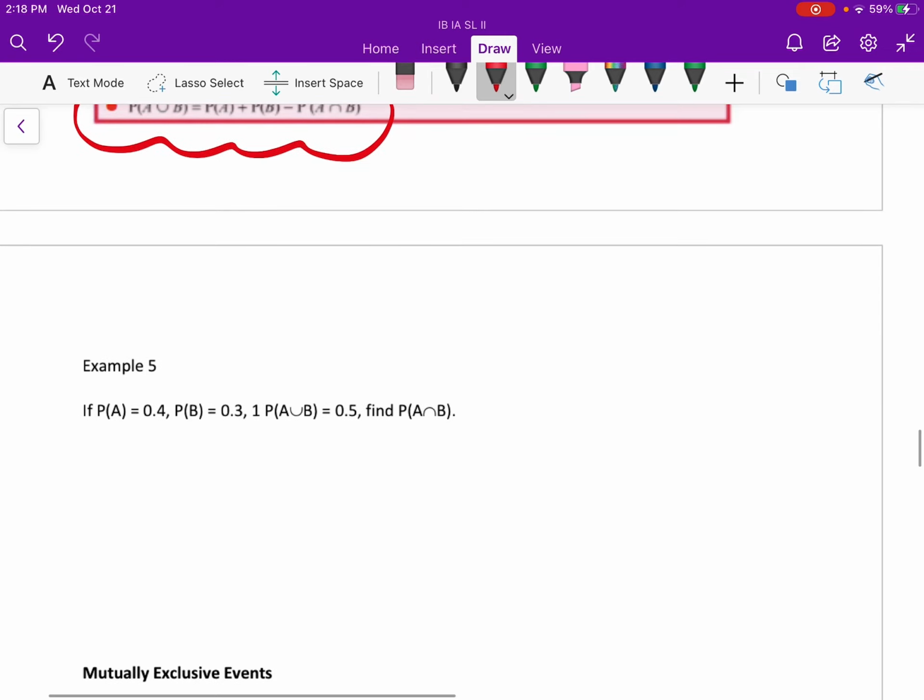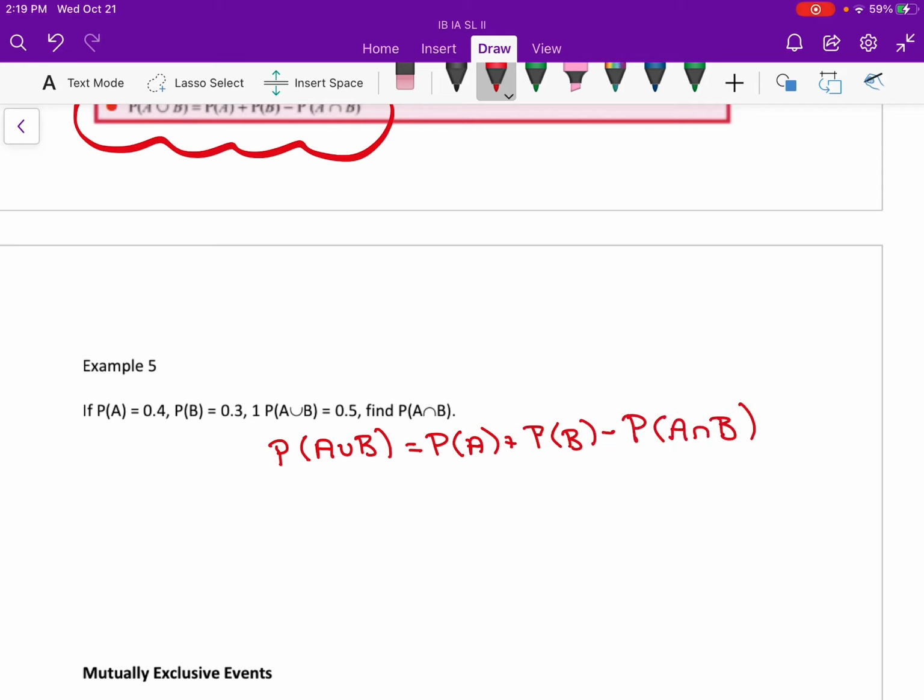Okay, so for example, if you had the probability of A being 0.4, the probability of B being 0.3, and the union being 0.5, find the intersection. So all you do is you take that whole notion of A union B equals the probability of A plus the probability of B minus the intersection, and you literally plug in.